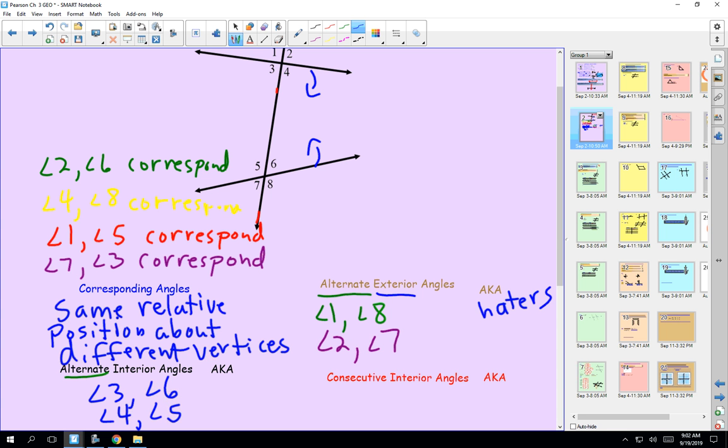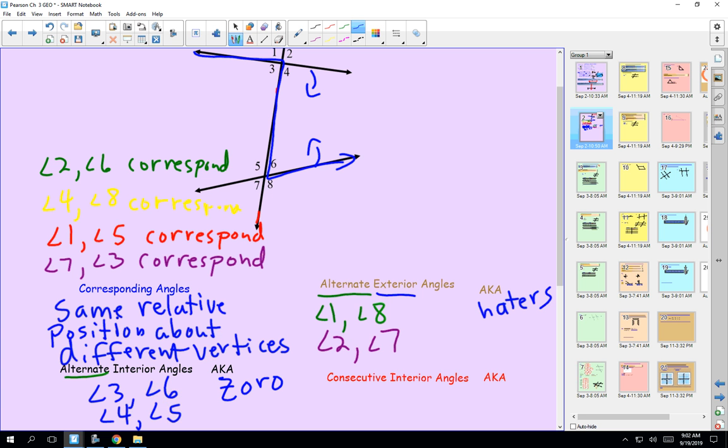If you can recognize these 4 angle types, you can say the alternate interior angles, aka, oh yeah, now I remember. I was trying to think, what is the AKA? Well, I've seen them called, and I didn't come up with this, the Zorro angles.